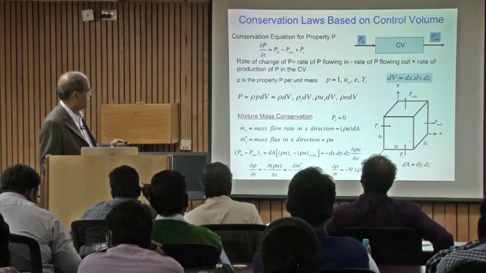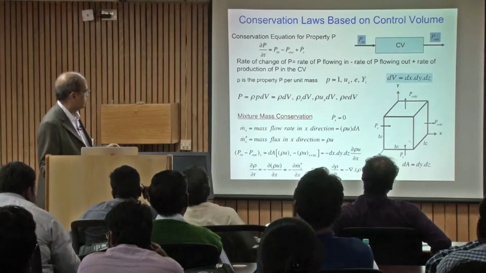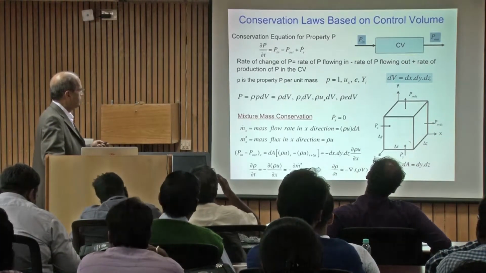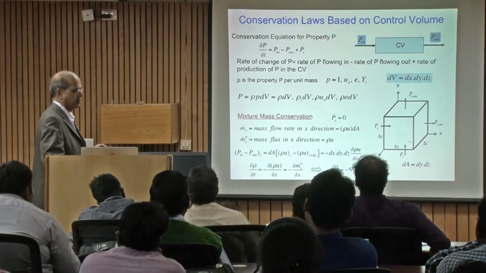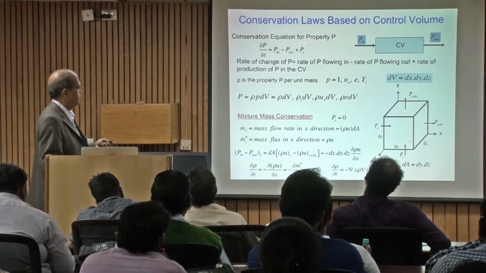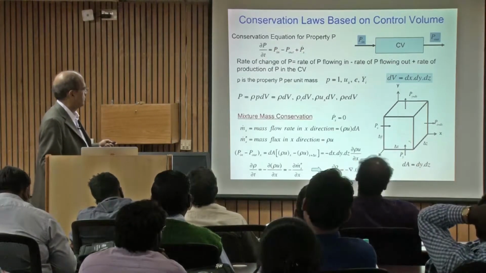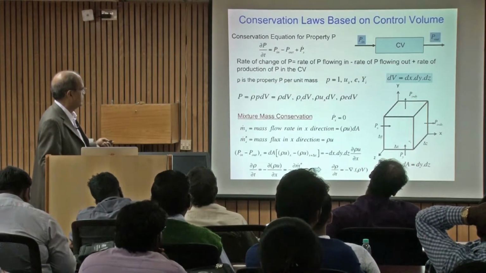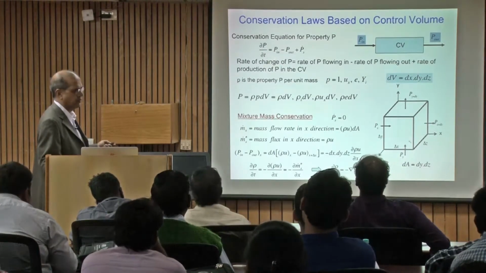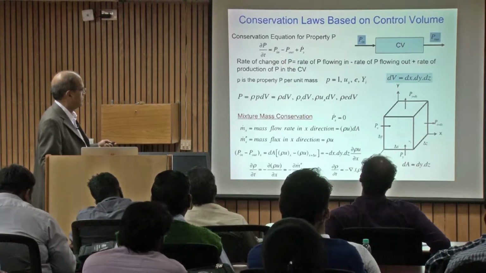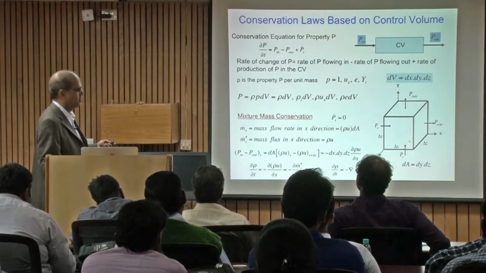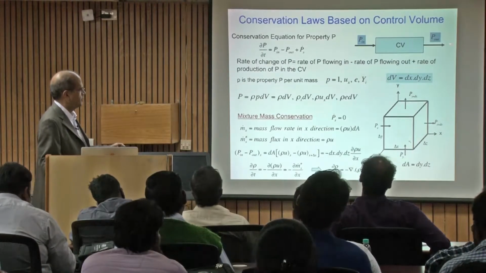I follow this approach, but different books will have different ways of writing this. This is basically the conservation law for any property, whether it is species mass, momentum, enthalpy, or kinetic energy, any property. The rate of change of that property in the control volume is basically the rate of that property flowing in minus the rate of property flowing out.